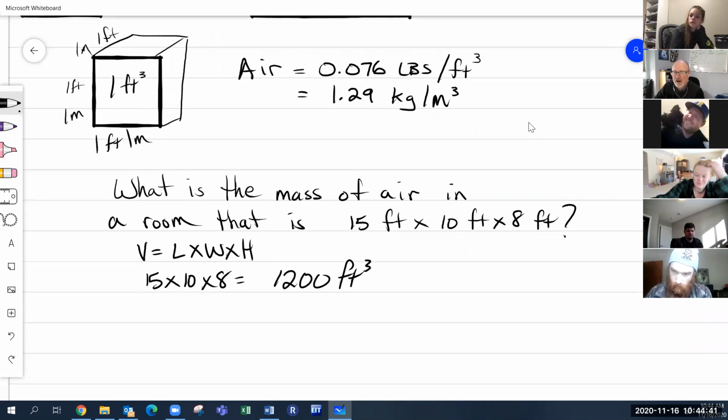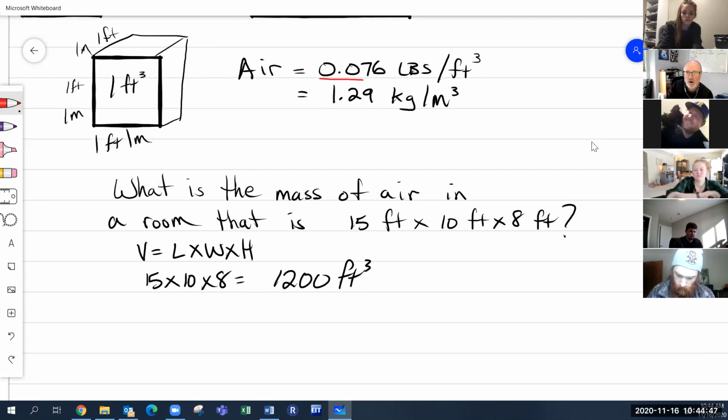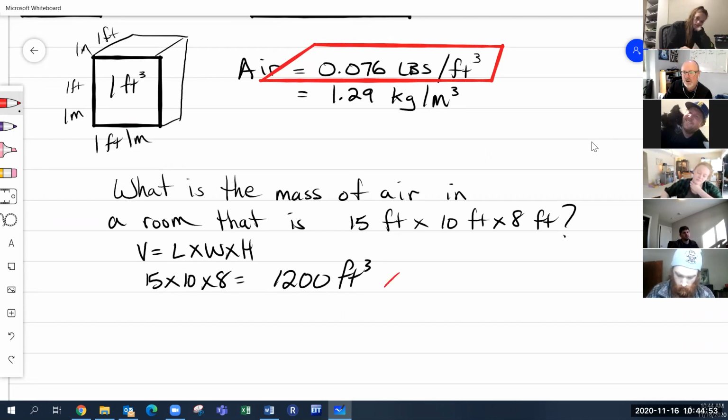So now I know from the information I just gave you that 1 cubic foot of air weighs this much. So I need to multiply that by 0.076 pounds of air for 1 cubic foot.